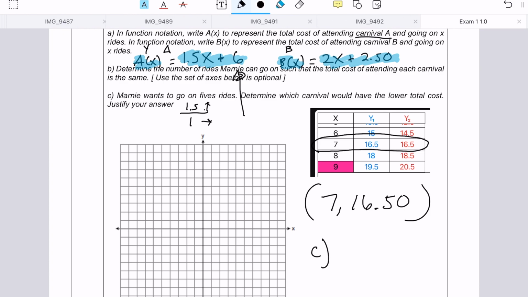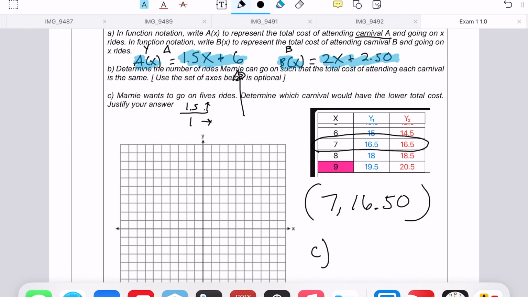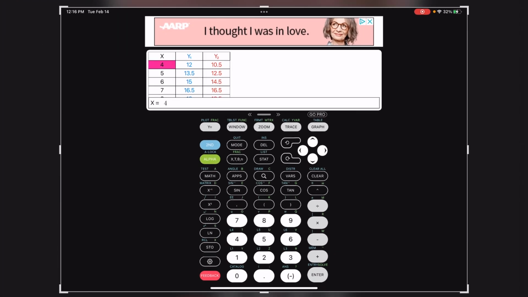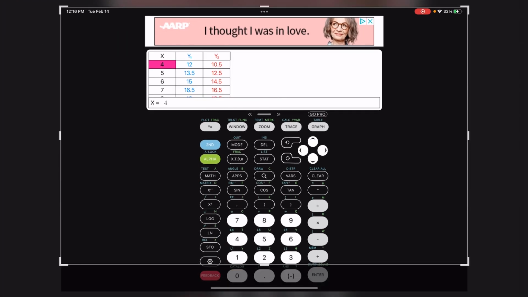Part C here, you can actually put the table of values again. Just copy whatever values there.